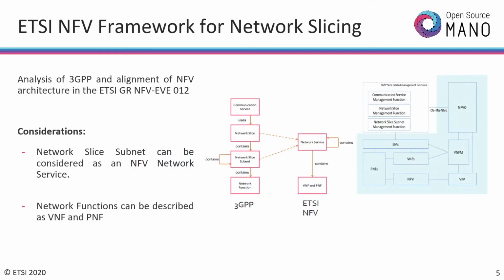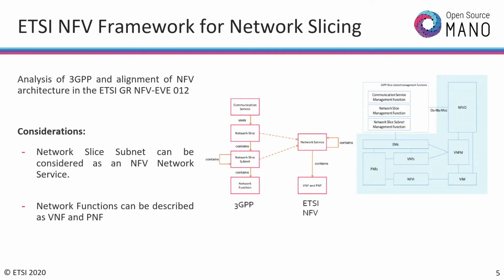So if we look at the standards, we have 3GPP and ETSI. The most important characteristic that we have defined in ETSI is that you can have a network slice subnet. This is a very important concept of the slicing. This network slice subnet is basically what we know today as a network service.